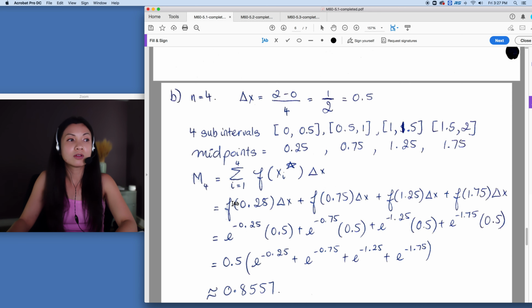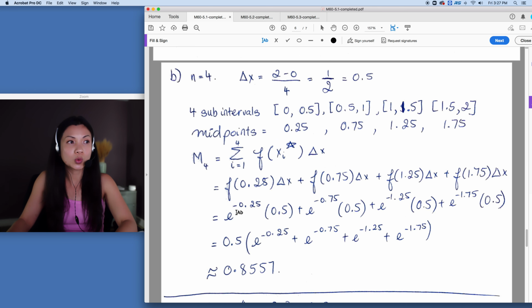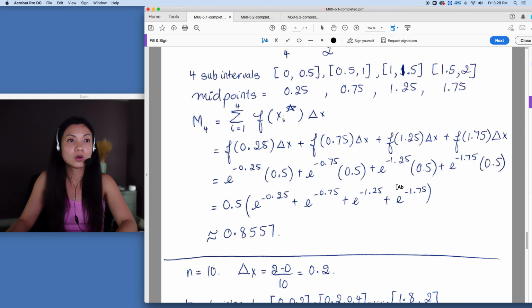So the function f of 0.25, using the midpoint, times delta x, and so on. What is f of 0.25? It's e to the negative 0.25, and then 0.5 is delta x. Moving on for the 4 subintervals, once again we factor out 0.5. You can use a calculator for it, and we got this number right here.